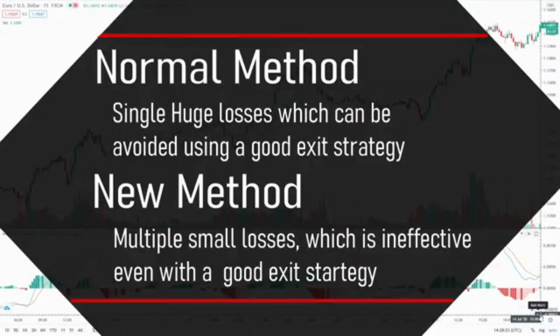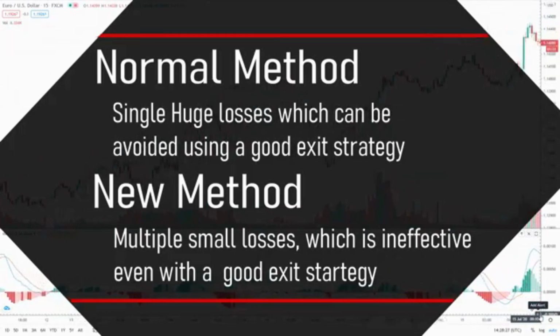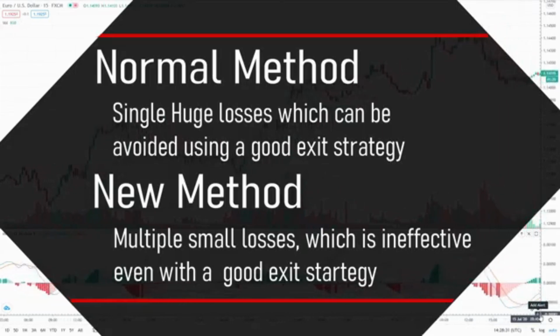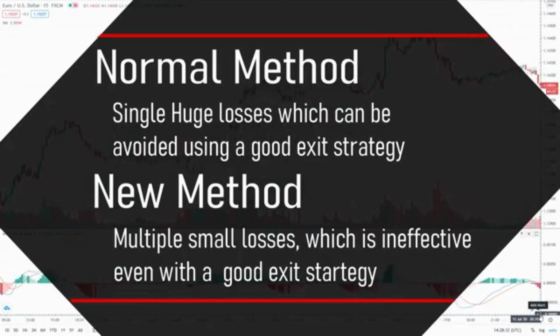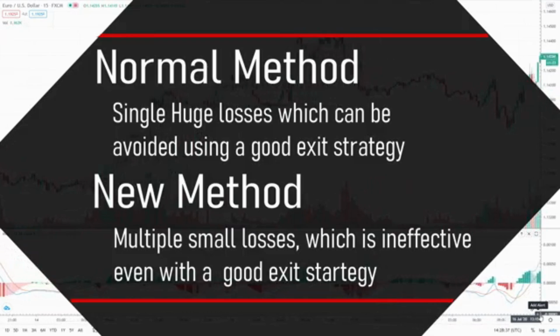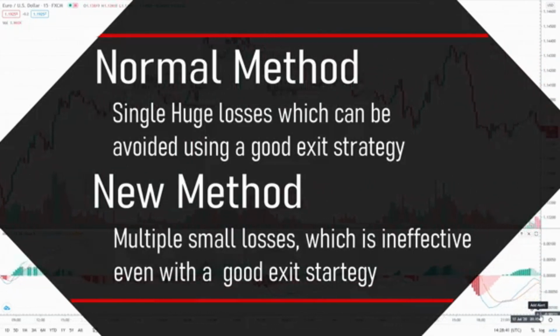Unlike the normal method, where most losses come from huge single trade losses, this indicator's losses mostly come from small yet continuous losses. So I think even if we used a tight stop loss and the correct money management, the results wouldn't be any better because the odds are simply against us.